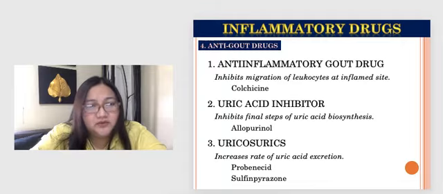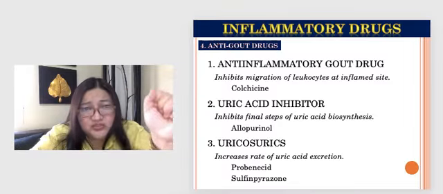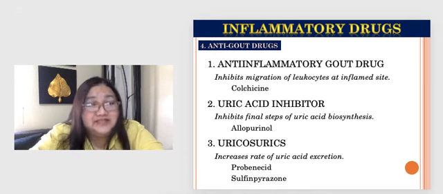Pero hindi siya okay for acute gout. Again, acute gout, colchicine. But, okay siyang i-combine with colchicine for best results. Una, small doses of colchicine muna before adding probenecid.